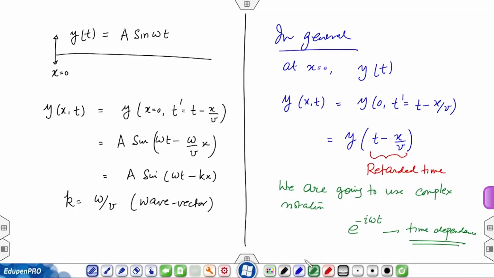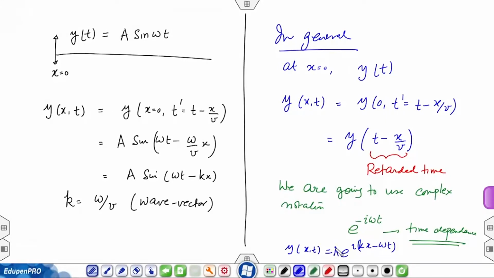And in this, the solution would be written as, for harmonic wave, y x t equals e raised to i k x minus omega t times an amplitude, which could be a complex number. So, this is a general background.